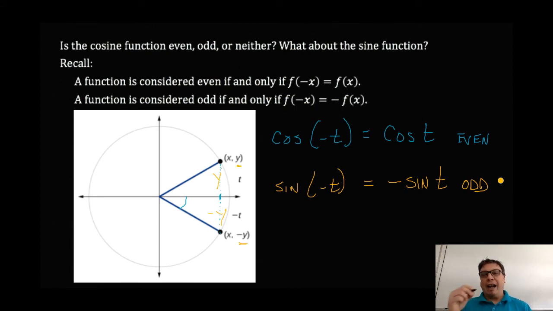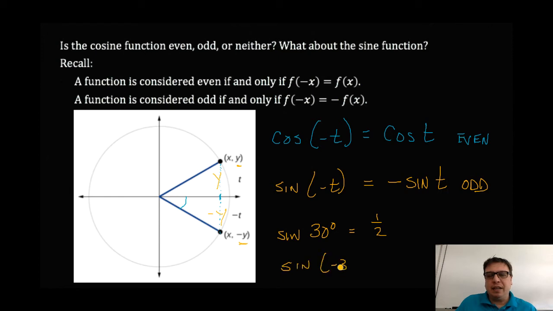Now when we go to graph these, it'll be easier to see. When we start taking some actual values, we'll see that that is actually true. So actually, let's go ahead and do one. Let's say that I take the sine of 30 degrees. We know the sine of 30 degrees is 1/2. So if I say, let's instead take the sine of negative 30 degrees, normally this side over here would be 1/2.